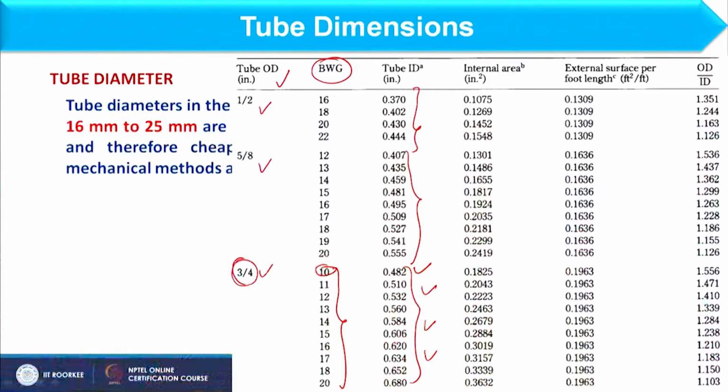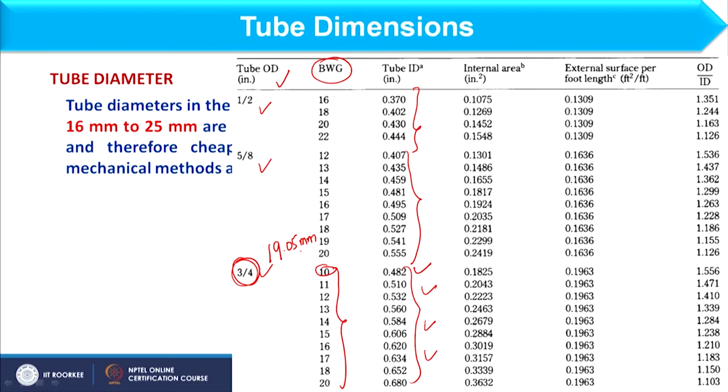Now, as we have already discussed, the optimum diameter should be within 16 mm to 25 mm. So, if you consider 3/4 inch and convert it, you will find 19.05 mm.